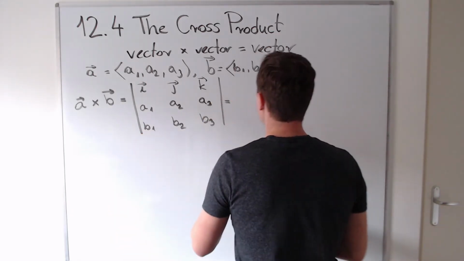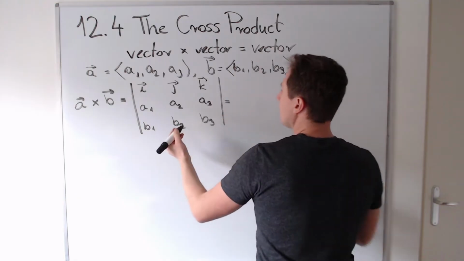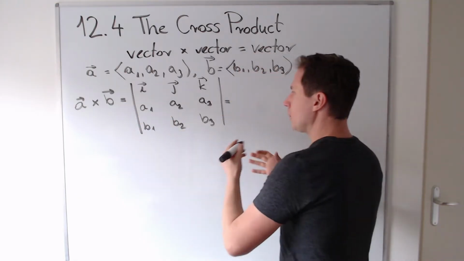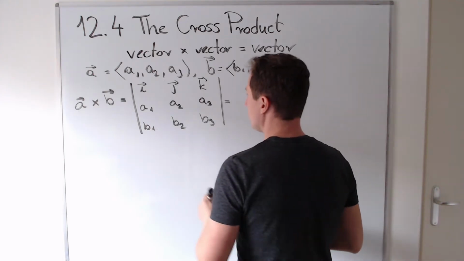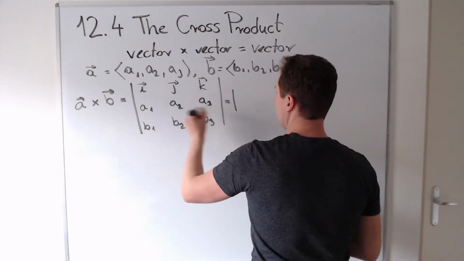So if you do that, you might recall that a 3x3 determinant can be written as the sum of 2x2 determinants, and that's what I'll do here first.